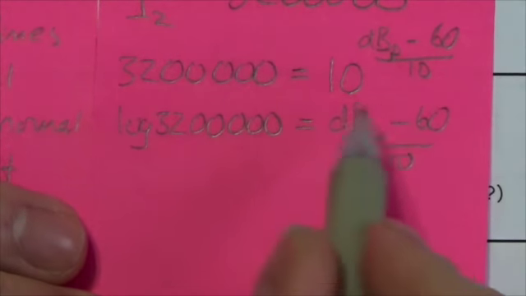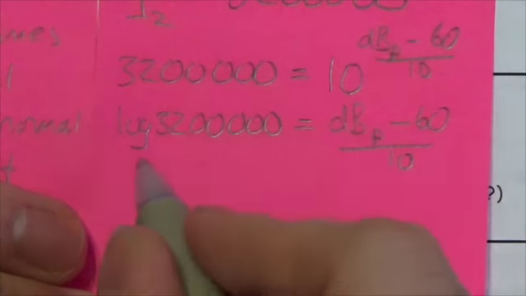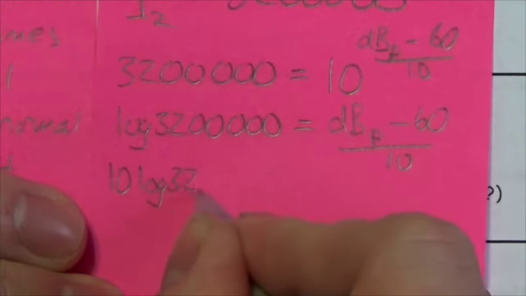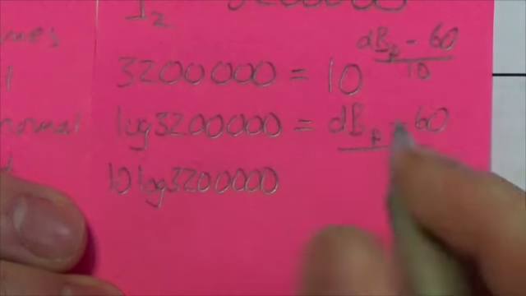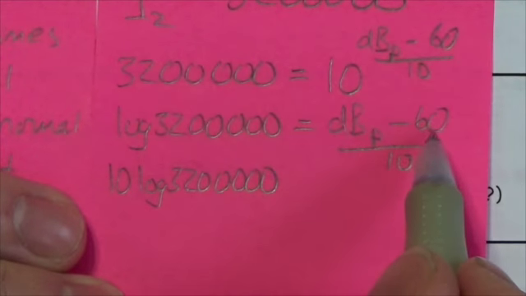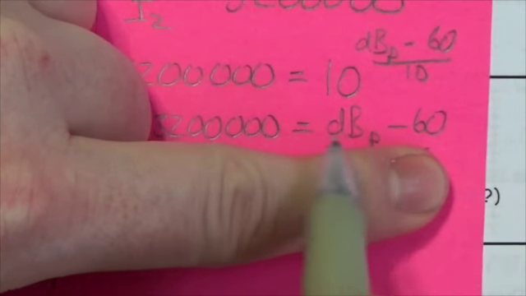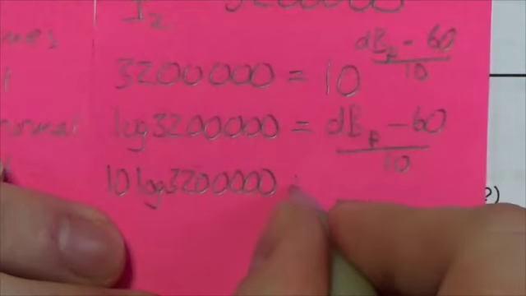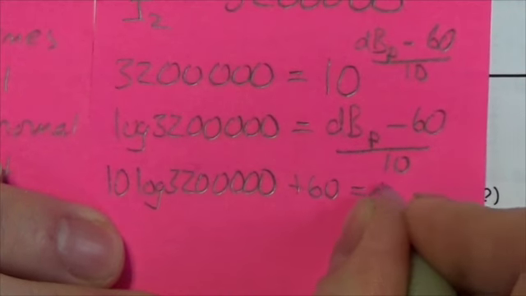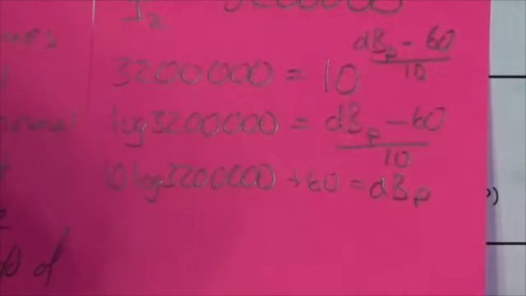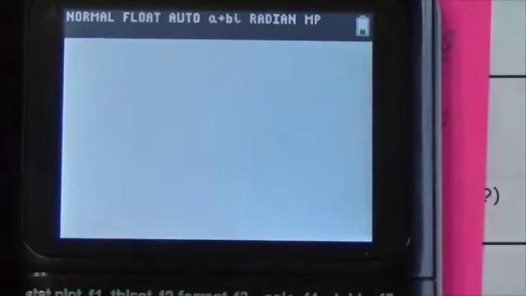And now, to solve for this, I will multiply first of all through by that 10. So 10 times the log of 3.2 million, and then I'm going to add the 60, because once I get rid of the 10, I've just got those two here. I want to get this term by itself, so I'll add the 60, and this will be the decibel level for pain there. So now I'm going to go to the calculator.